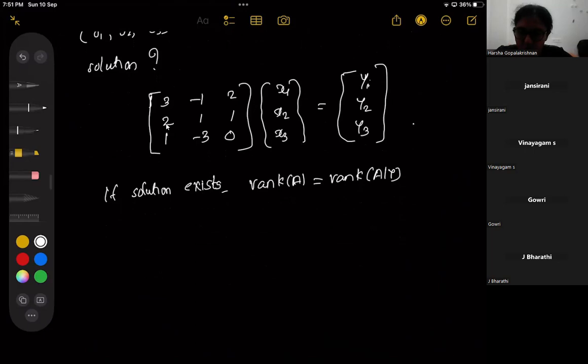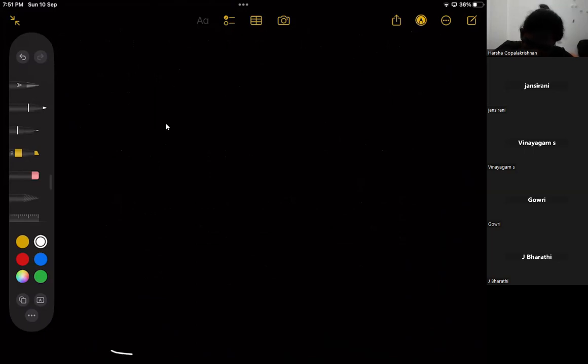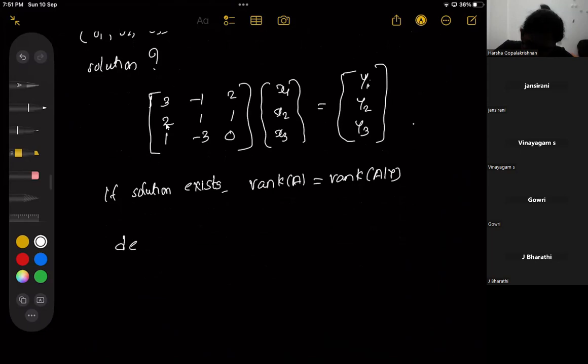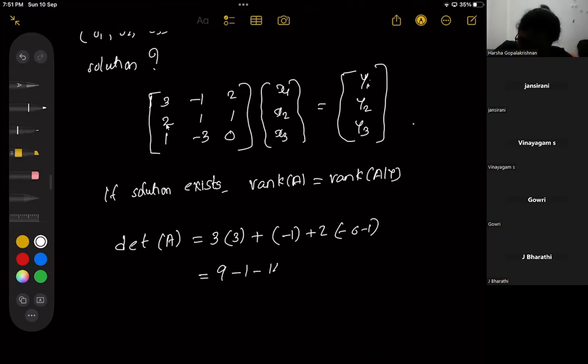Let me check the determinant of A. So what is the determinant of A? It is not equal to 0, right?